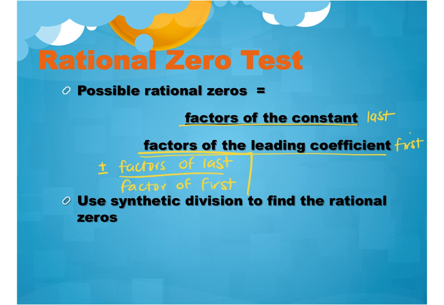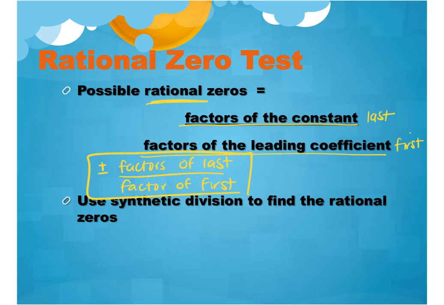And this is going to give us all the possible rational zeros, which means no i's and no square roots. They could be fractions, they could be decimals, they could be whole numbers, they could be positives, they can be negatives, but no square roots and no complex numbers.